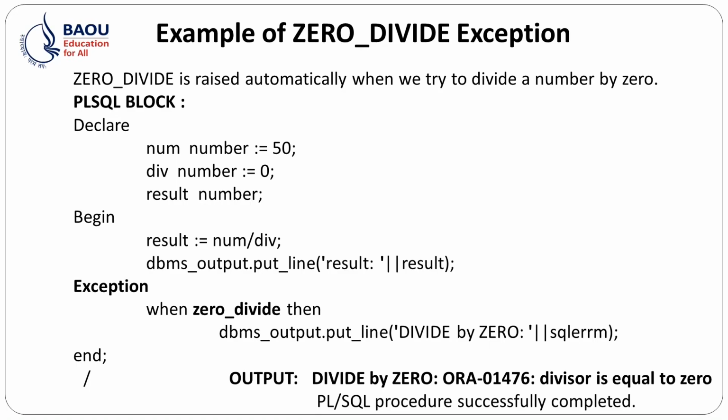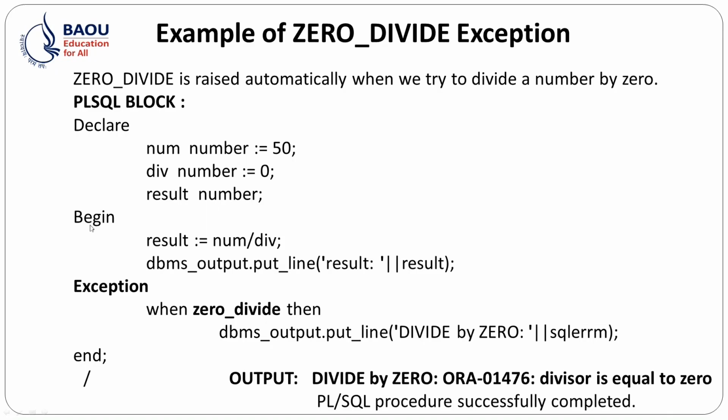Here we declared three variables: num, div and result. These are three variables of the number data type, and num is assigned 50, and 0 is assigned to the div variable.